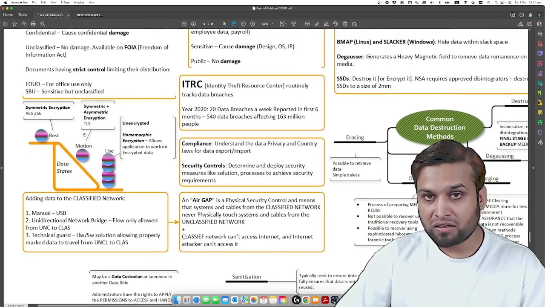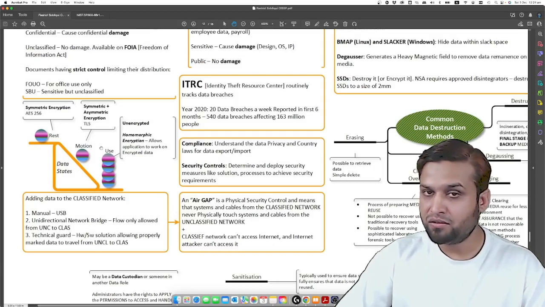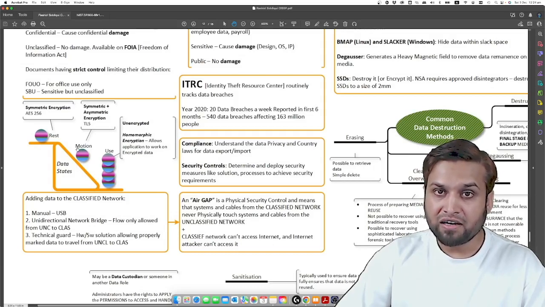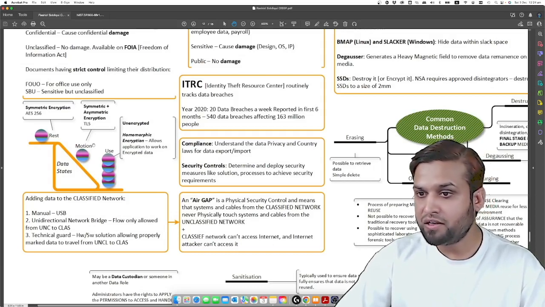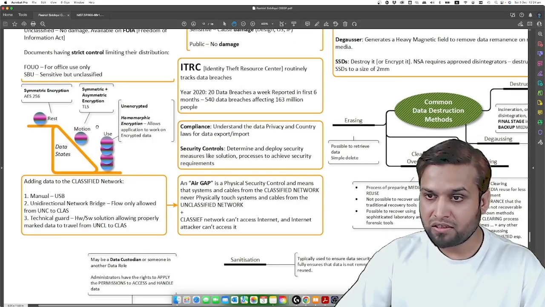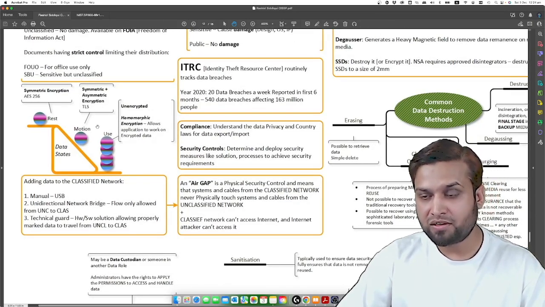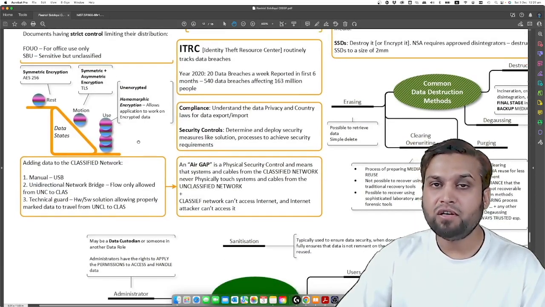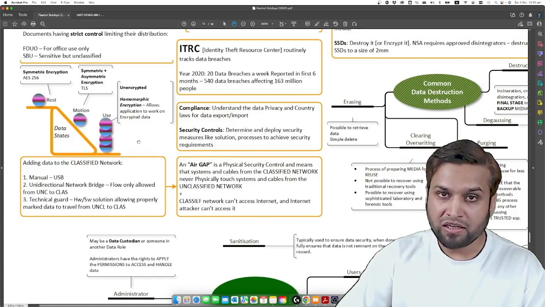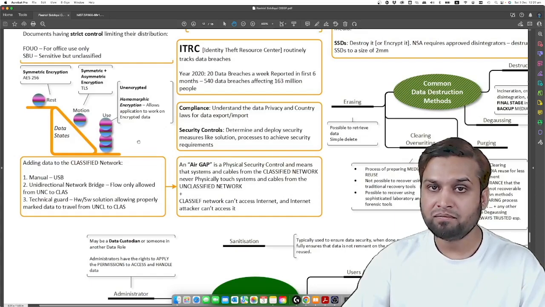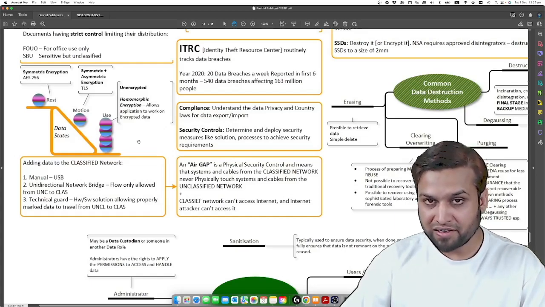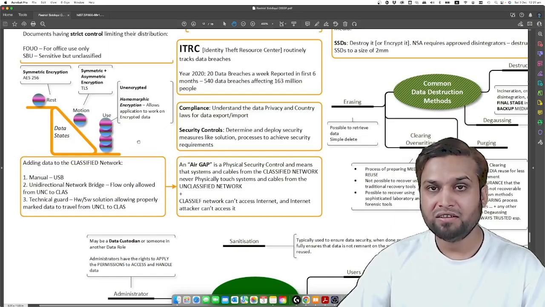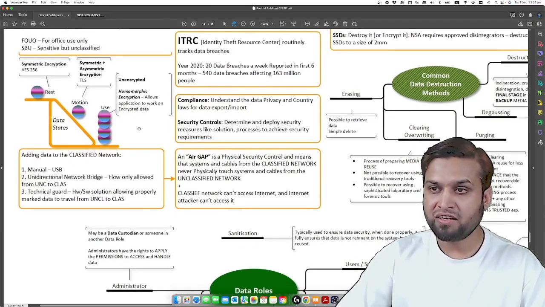If the data is in motion, as in it is passing through some network, passing through a firewall or anything, or going through the internet from one location to another location, we use Transport Layer Security, which is a combination of symmetric and asymmetric techniques. Data in use, basically when your data is in the RAM, mostly we don't use any encryption there. We rely on other compensating controls or other techniques so that it's not getting exploited. Or even if we want to encrypt it, we use homomorphic encryption.